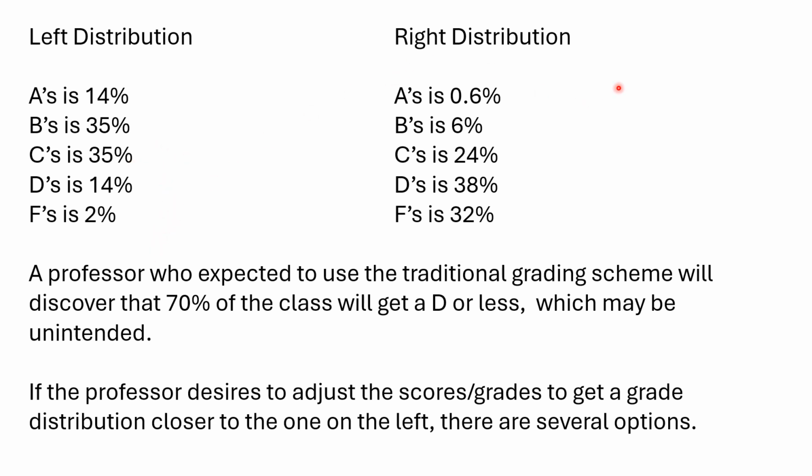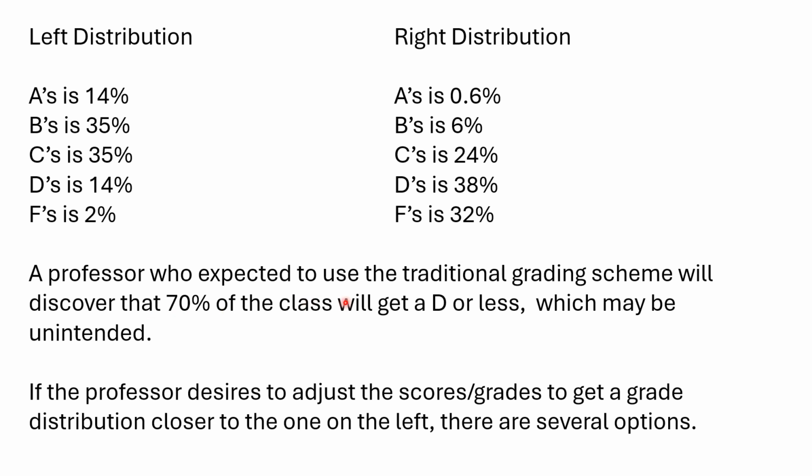But in fact, as the distribution came back after grading, we discovered that only 6.6% of the students would get A's, 6% would get B's, and 24% would get C's. And again, 70% of the class would get a D or worse.